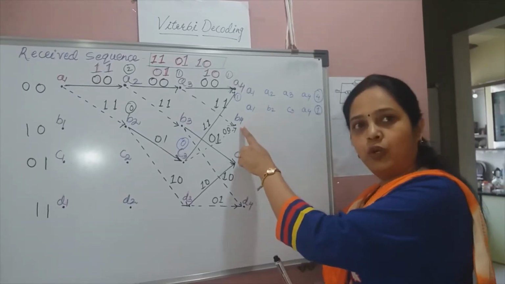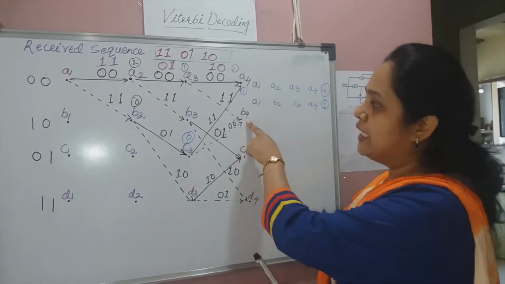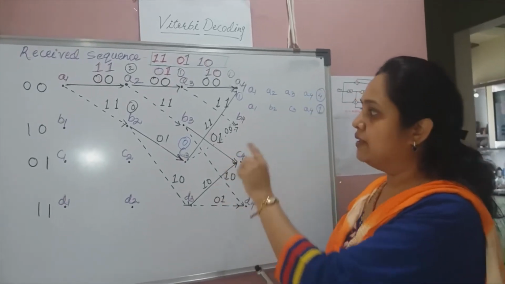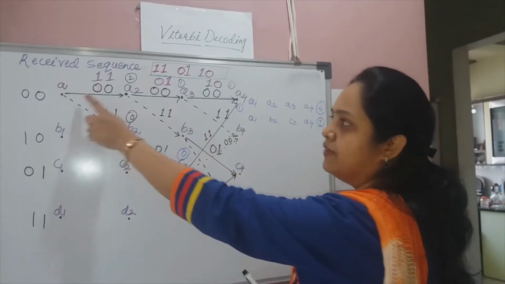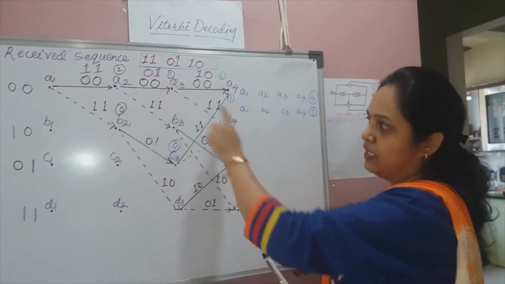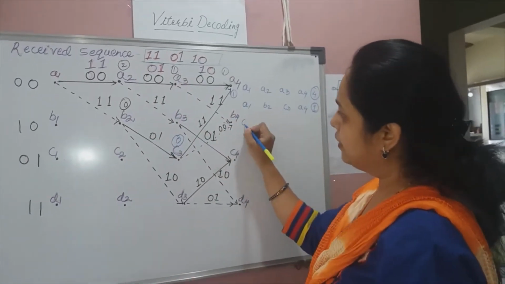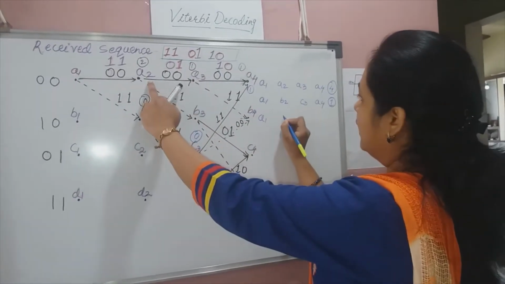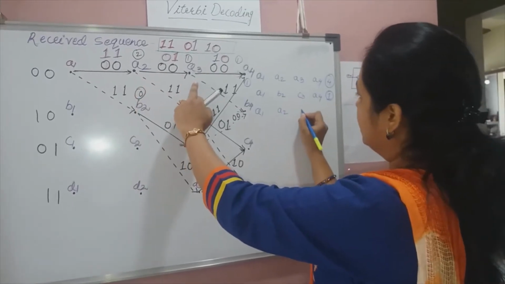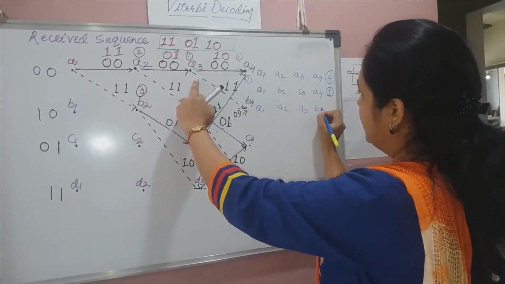Similarly, at node B4, we can find that there are two paths coming together. The first one is A1, A2, A3 and B4.